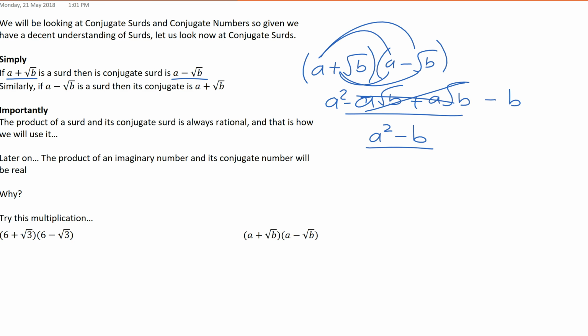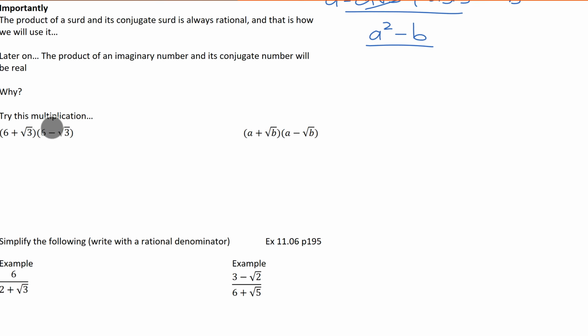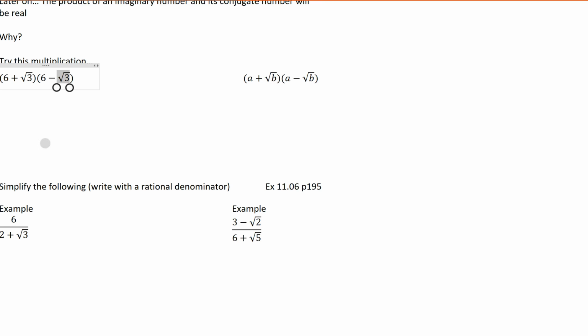Does that sort of make sense where you're going? Yeah. And this will have applications in complex numbers. Complex numbers so far will be very similar to what you've just done, but instead of being a radical, it's going to be an i or whatever it will be. A little bit slightly different, but it's very, very similar. So try that there. 6 times 6, 36.